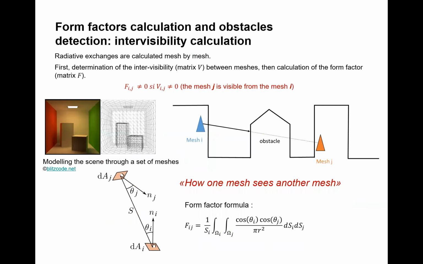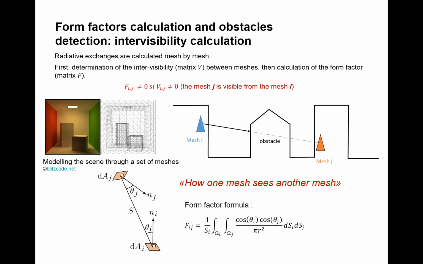So let's consider that the urban scene is modeled through a set of meshes. The form factors consist in determining the intervisibility between meshes: how one mesh sees another mesh or doesn't see it, and whether any obstacle will interrupt the intervisibility.